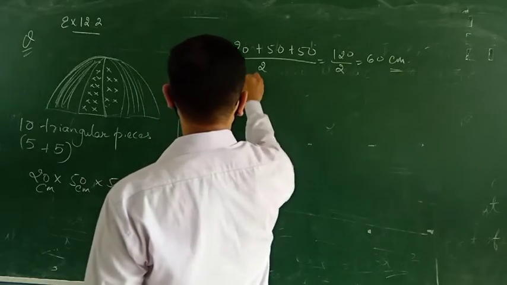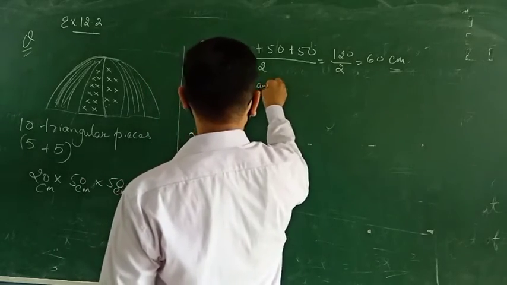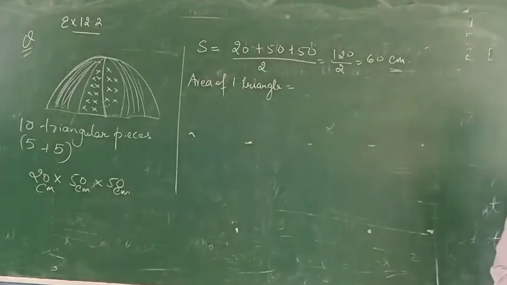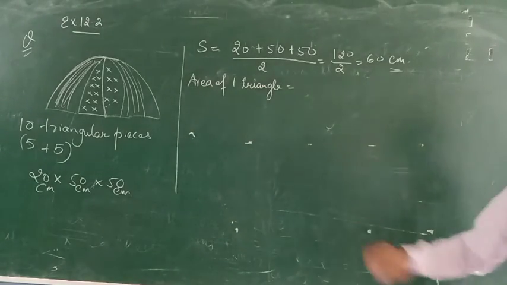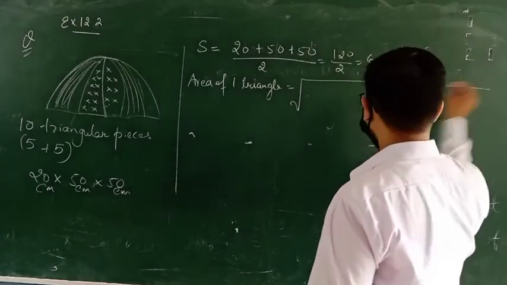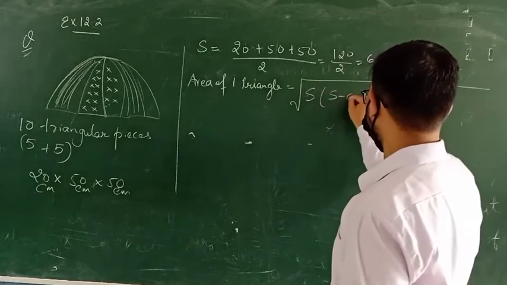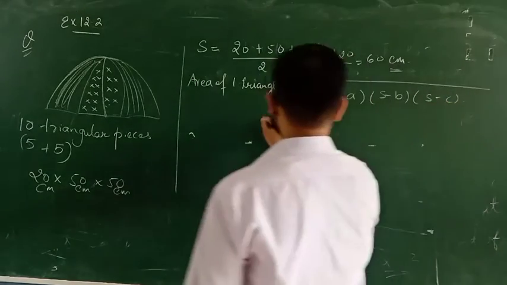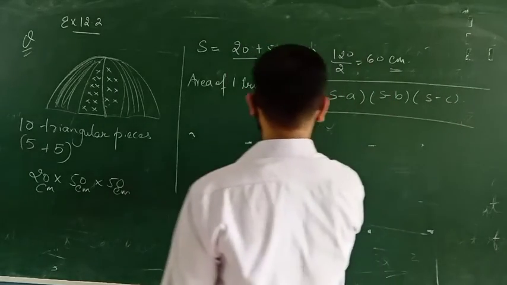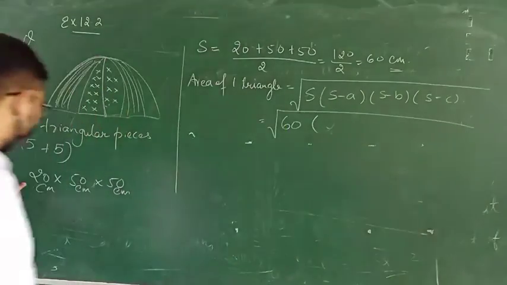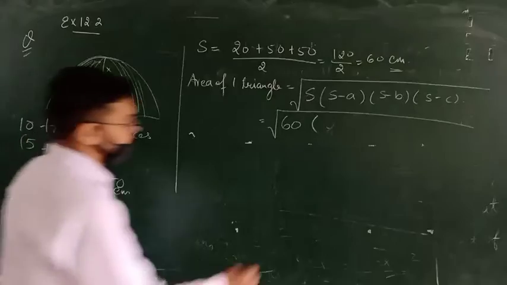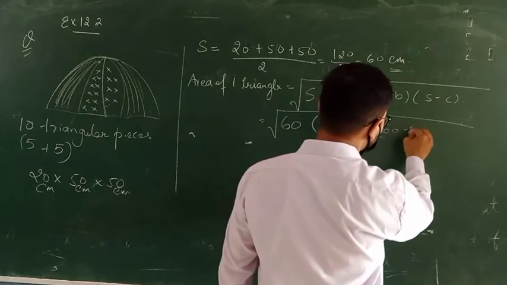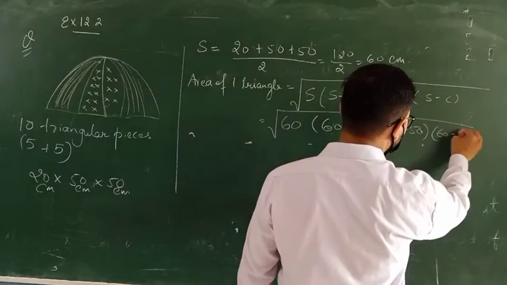Dimension-wise all triangles are similar, but they are different in colors. So you have S, S minus A, S minus B and S minus C. So S is 60, 60 minus A, 60 minus B, 60 minus C. 60 minus 50 and 60 minus 50.